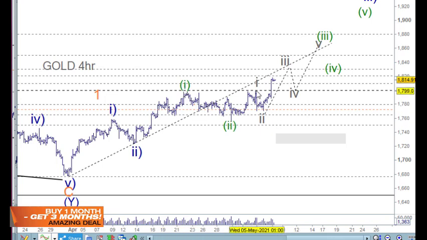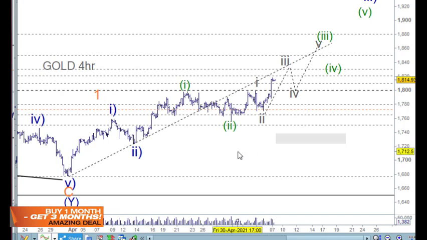But then we had this little move here that took out that high there. Not a big deal, but from little things, big things grow, so to speak. But now it's moved through that here. So that really moves away any corrective pattern at this point. So we'll be going to the upside.